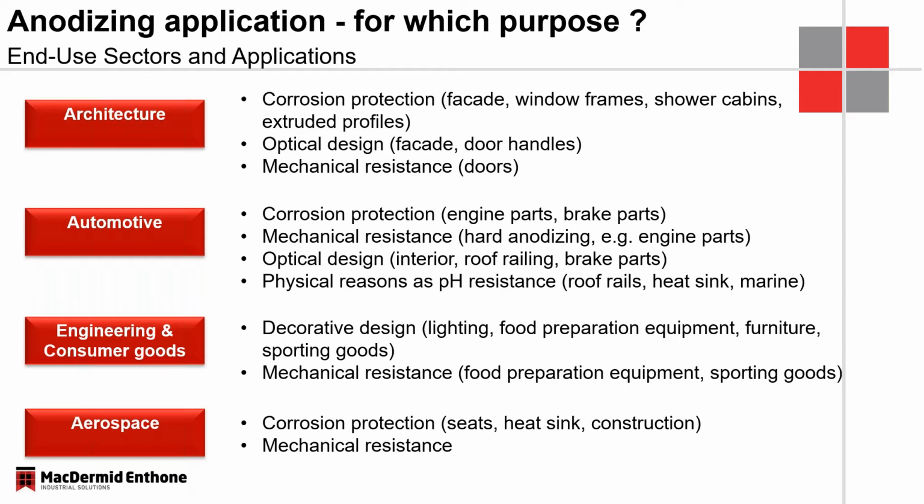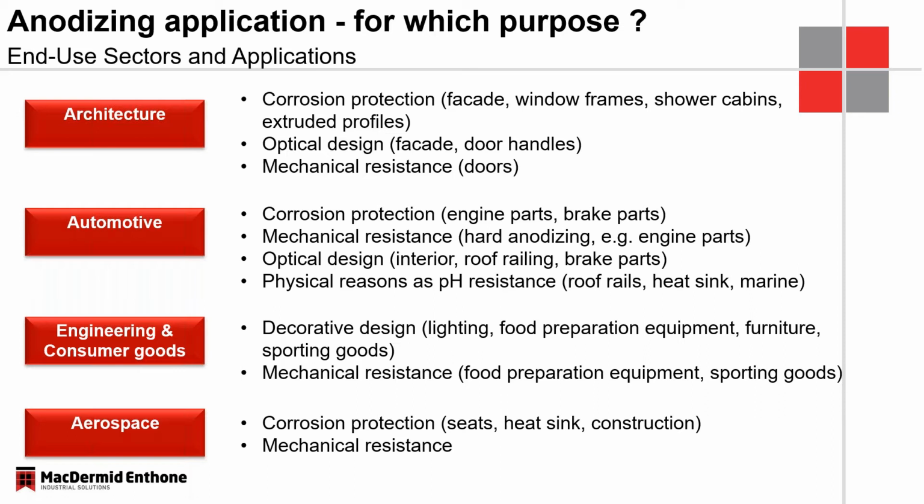Another big segment for the aluminum treatments is the automotive industry. Again, aesthetics here and very high corrosion resistance, probably even higher than the architectural industry, with new requirements coming in on pH resistance, on cyclic corrosion, and so forth. Another important segment is engineering and consumer goods.